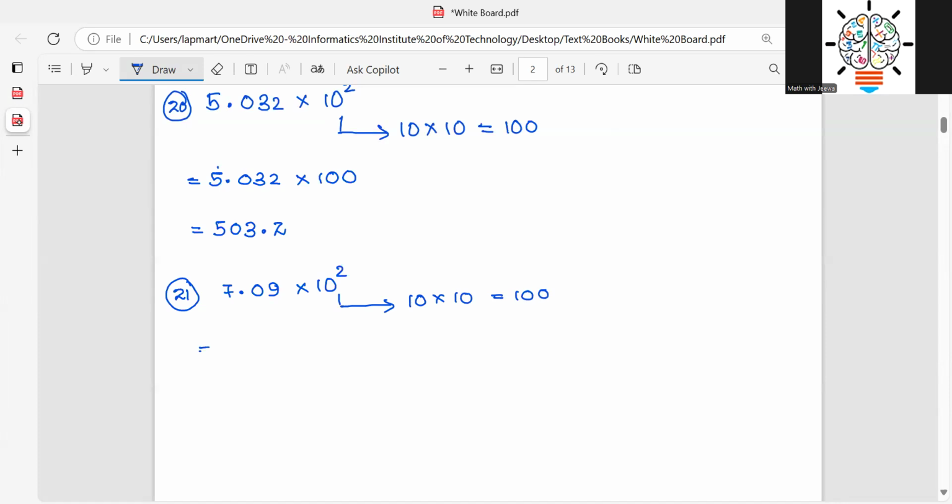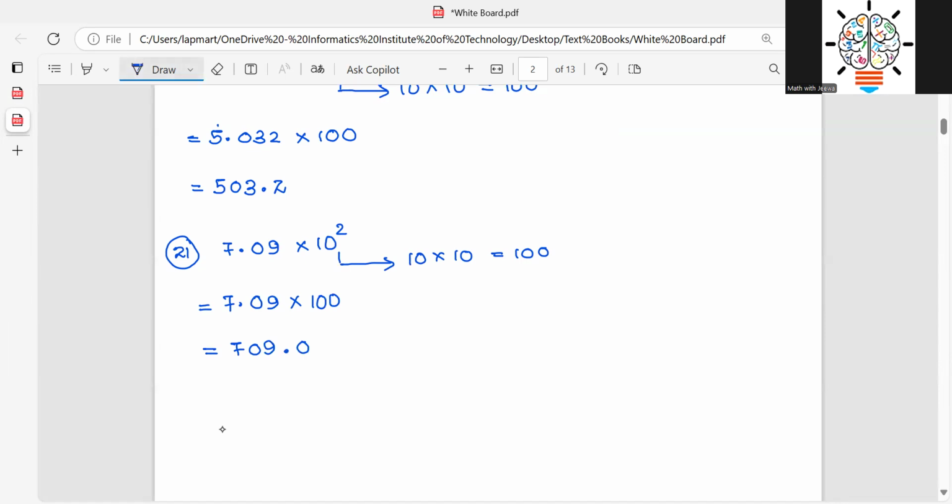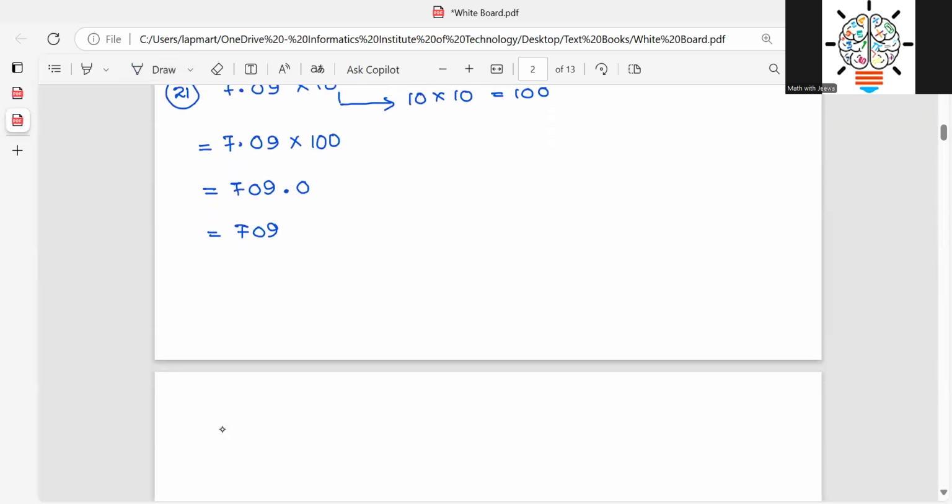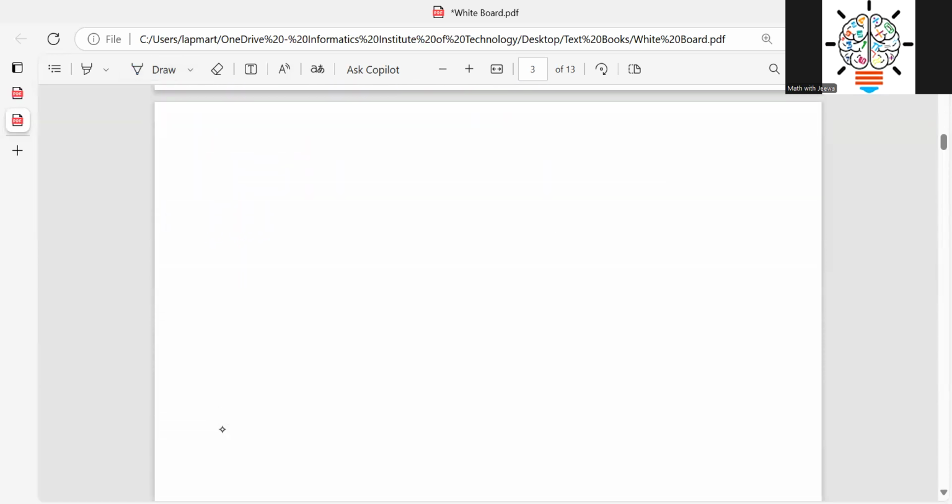I rewrite the question. 7.09 times 100. So then the answer will be 709.0. Then I write the final answer. It is 709. Then I'll do the last question, that is question number 22.